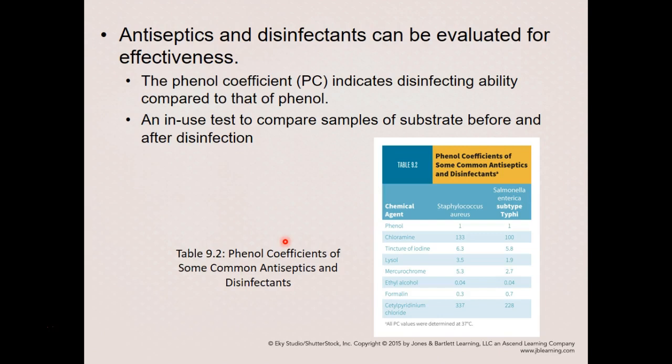So we look at how well phenol kills some microbe or some bacteria, and then we compare that to these other chemicals. If they have a better ability to kill off the microbe, then they're considered good. If they can't kill the microbe off as effectively, then they're not considered as good.